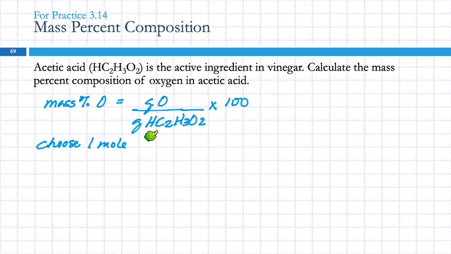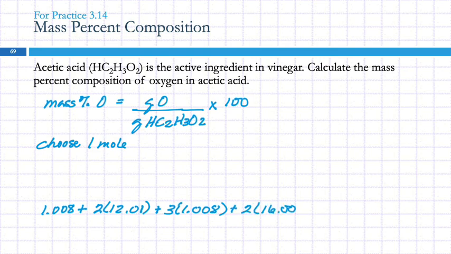Okay, so what is the mass of 1 mole of acetic acid? It's the molar mass, right? Well, we have to calculate it. 1.008. We're going to do a lot of calculating of molar masses. 2 times 12.01. 3 times 1.008. And 2 times 16. You could group this hydrogen and that hydrogen together, but you can also not group them together. It's the same either way.